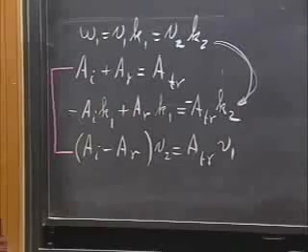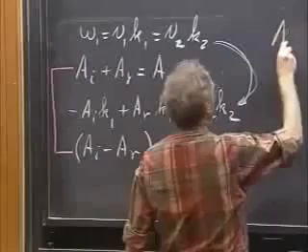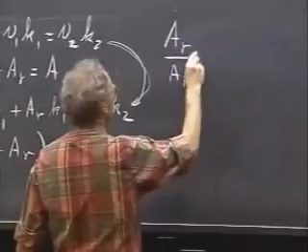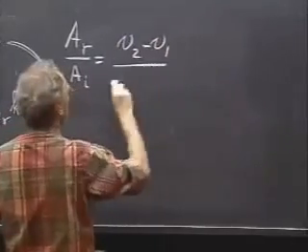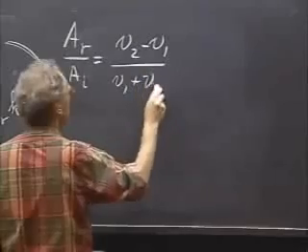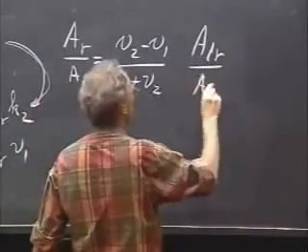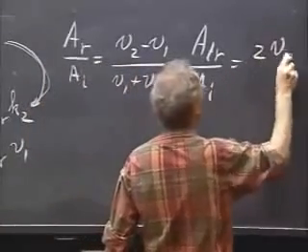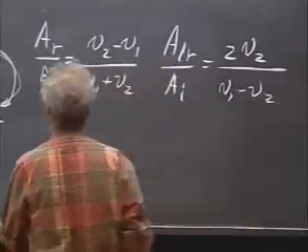What comes out of that, this is also worked out in French, is that the reflected amplitude over the incident amplitude is v2 minus v1 divided by v1 plus v2, and A transmitted divided by the amplitude of the incident one is 2v2 divided by v1 plus v2.